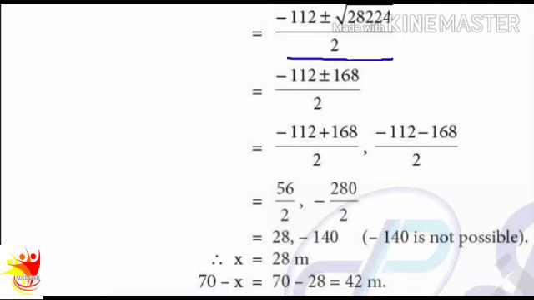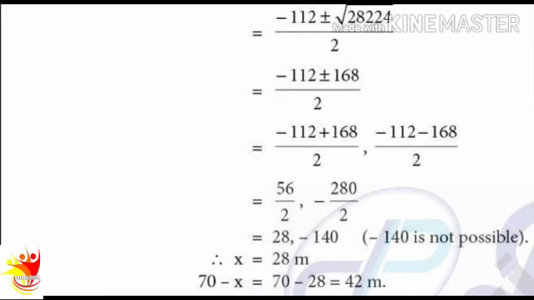The square root of 28224 is 168. We have x equals minus 112 plus or minus 168 divided by 2.